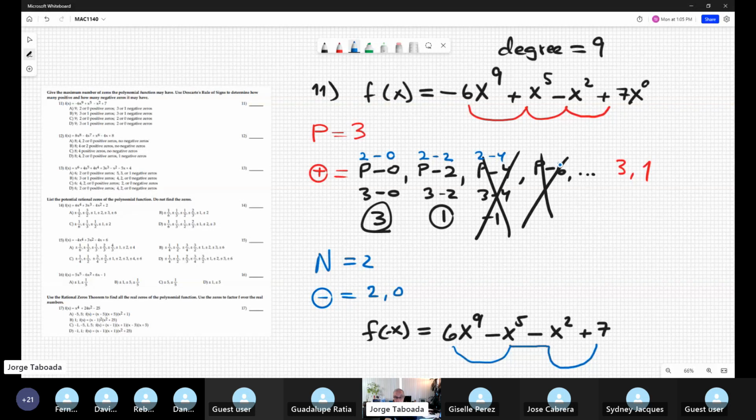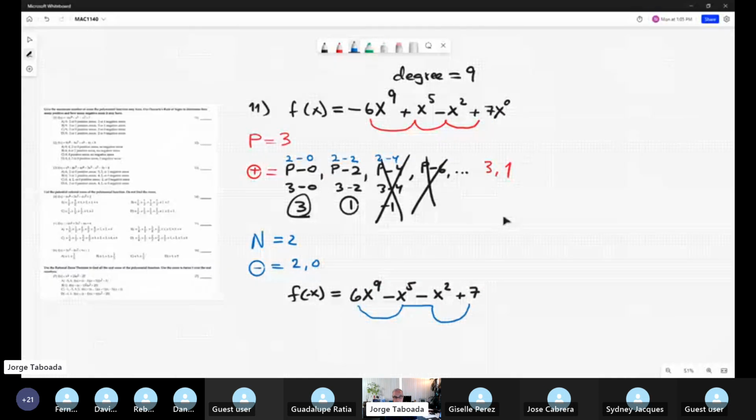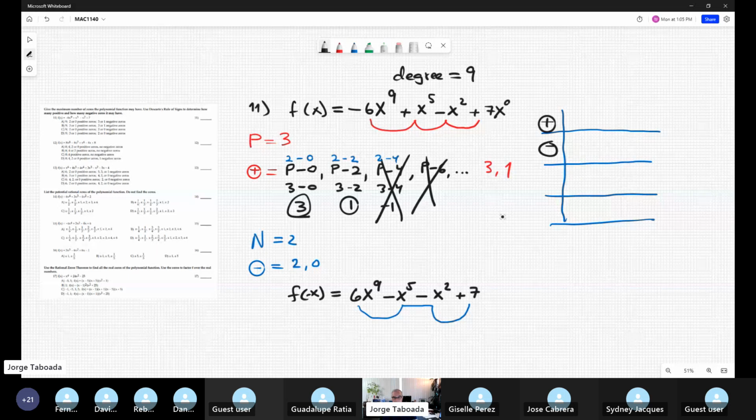Okay, super. If you want to see it more clearly, normally in the lecture we do charts like that. Let me try to do 3 rows: positive, negative, complex, and total.